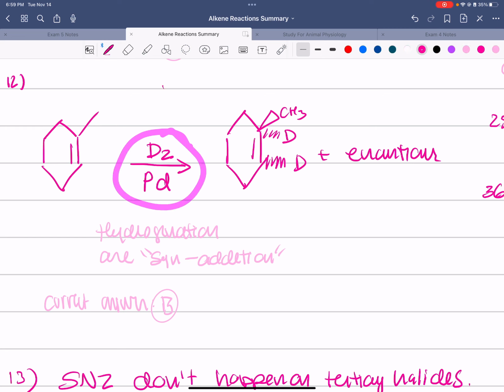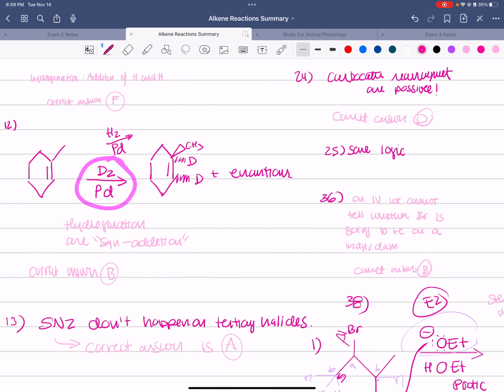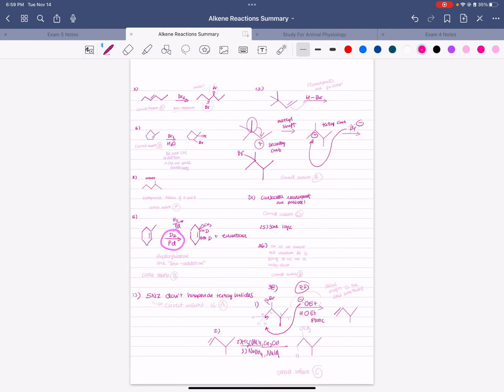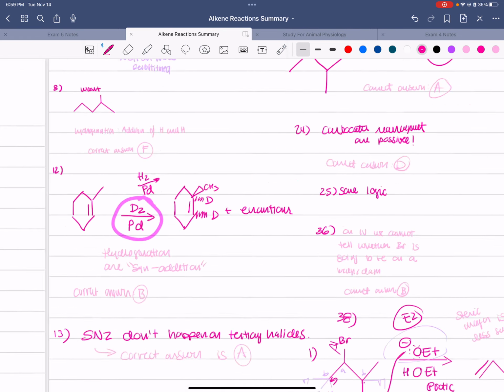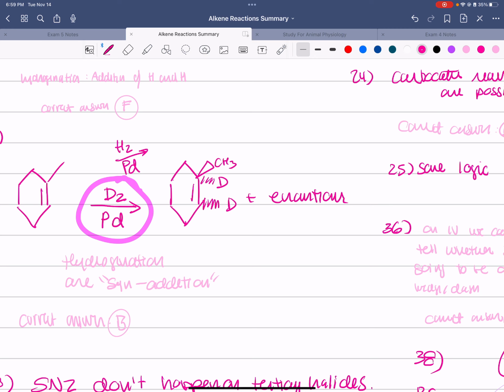This is the same thing as if I was doing an H2 Pd, for example. They have the same rule, the same knowledge. It's just that instead of a hydrogen, it's going to be represented with a deuterium, or D in this case. But it's the same rules, meaning we're going to get our syn addition, with deuterium on a dash or wedge relationship.